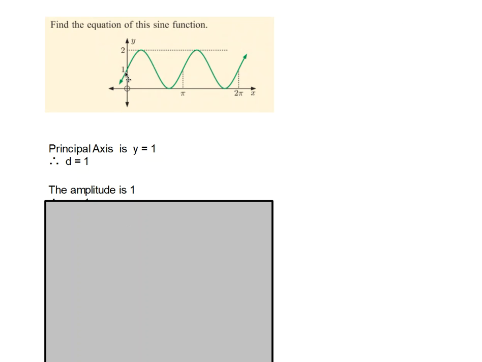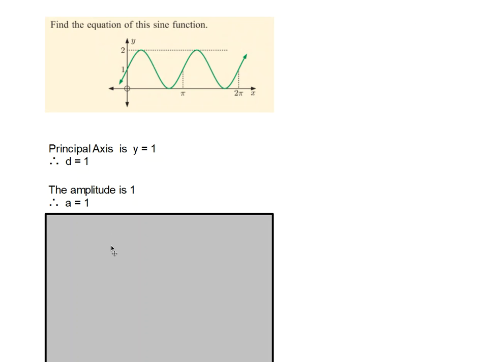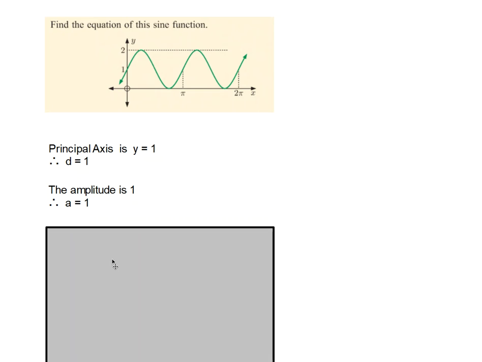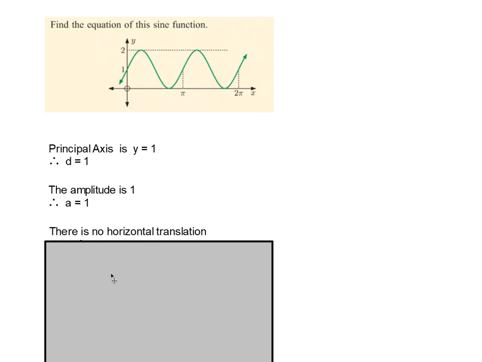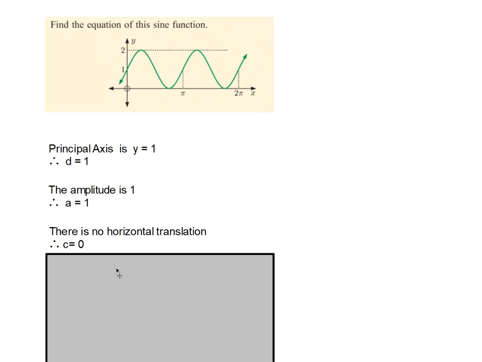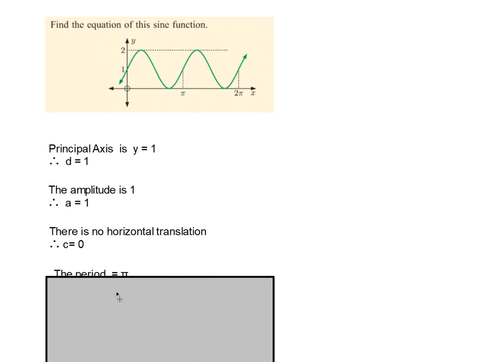The amplitude, the maximum distance from the mean position, is 1. So that tells us that A equals 1. There's no horizontal translation. So that means C equals 0. The period is pi. Okay, there's one complete cycle here, and another complete cycle here.